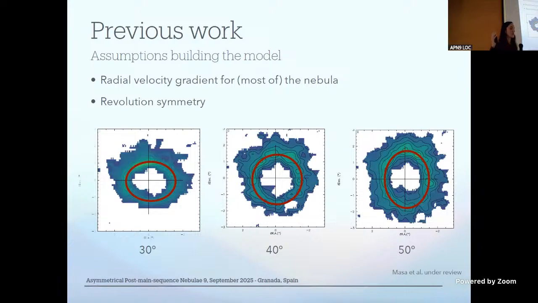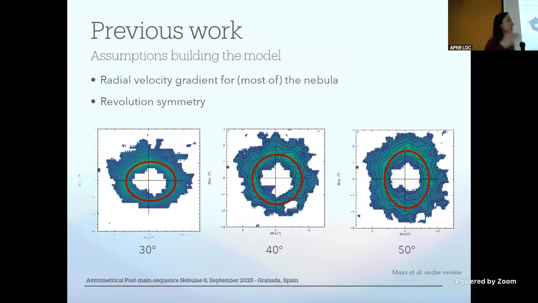One of the most important features that we needed to determine about the nebula before starting the modeling was the inclination of the nebula with respect to the plane of the sky. For this, we made the assumption that the walls of the lobes of the nebula have a fixed radial velocity gradient, and that the nebula has a revolution symmetry.